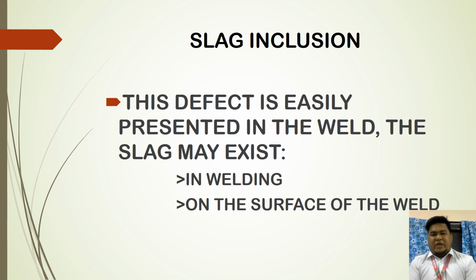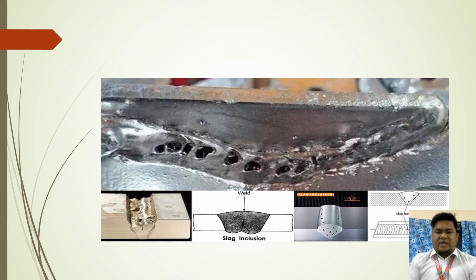So we have two ways to identify the slag inclusion: in the welding or on the surface of the weld. This is the example of our slag inclusion.